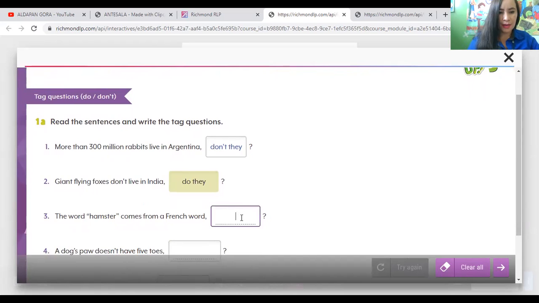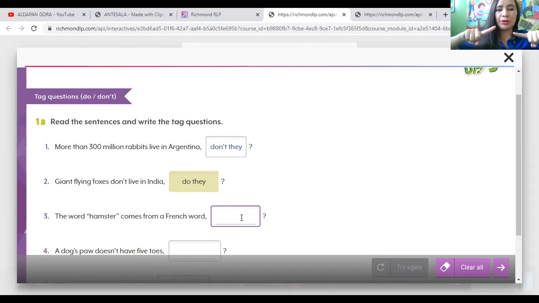Then we say, number three, the word hamster comes from a French word. Hamster is singular.